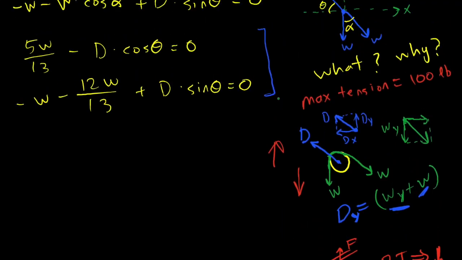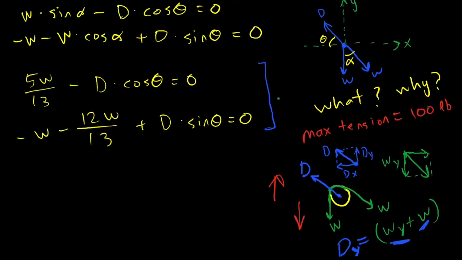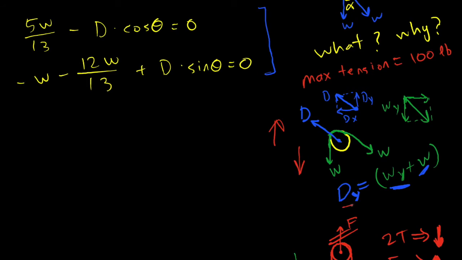So the same logic applies here to our problem. If there's a Dy for our vector D, so let's sketch Dy. This is Dy for our pulley here, right? By that logic, the blue string, the string accompanying vector D, would fail first.